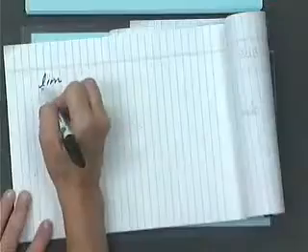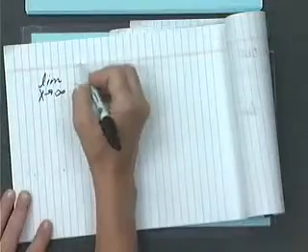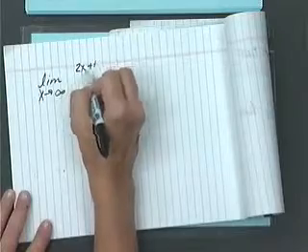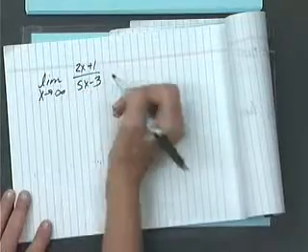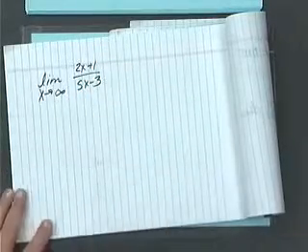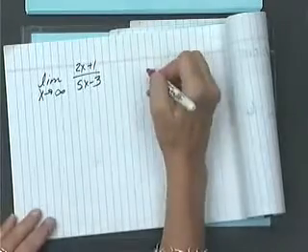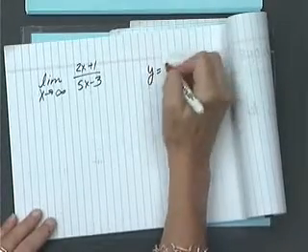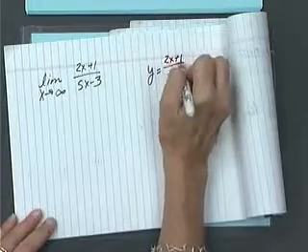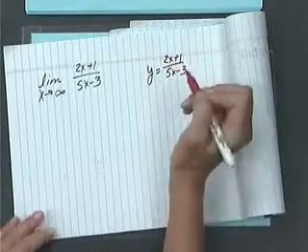All right. One question like your WebAssign, because somebody asked me. Limit as x approaches infinity of something like 2x plus 1 over 5x minus 3. All right, let's remember that our function is y equals 2x plus 1 over 5x minus 3.